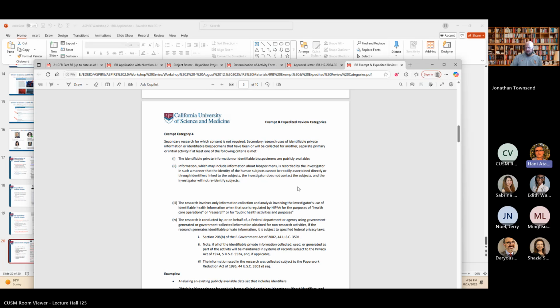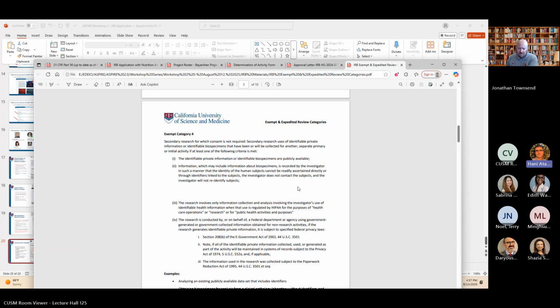And the third point: even if you do research, there are categories of research that must go through full review, the committee meeting review of our IRB, and those involve protected groups. If you do education research with a lot of surveys and workshops, and your workshop or research involves children, that is considered a protected group.